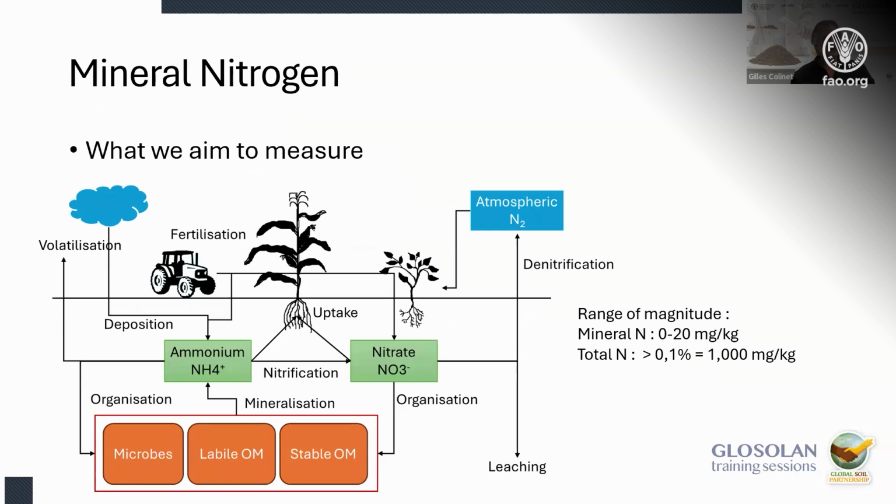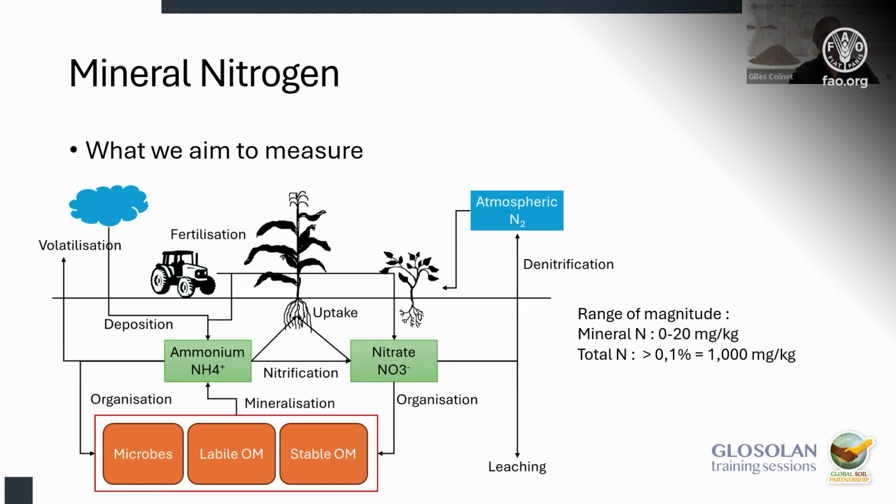In our soil, nitrate is the dominant form of nitrogen that you will find in crop soil, because when you put ammonium, there is either uptake by the plant or nitrification by microorganisms, and the ammonium is transformed into nitrate.